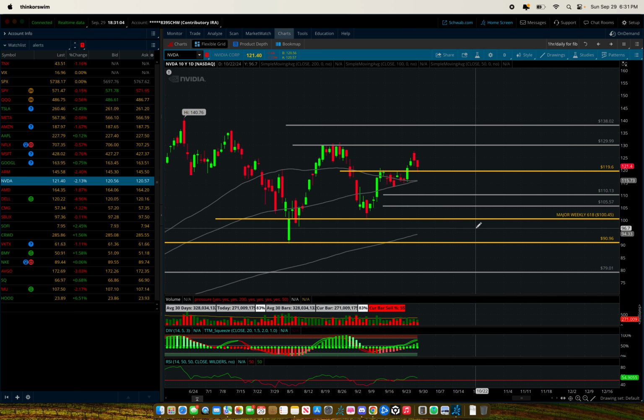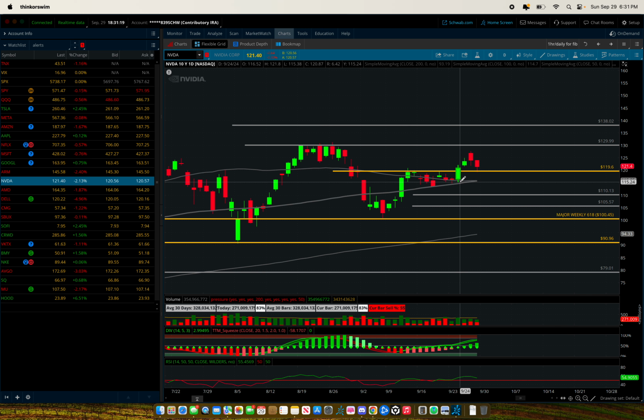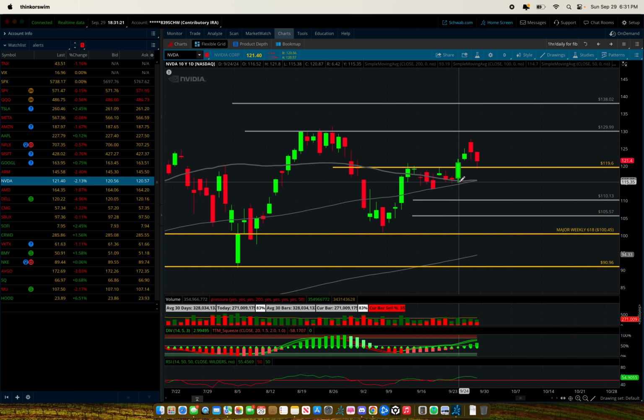So the first scenario I have on the table on Nvidia: we had a beautiful breakout the last couple of weeks, a nice bull flag setup right here, and then we bounced off of the multi-SMA range, which turned into a launch pad from 115 to 128.